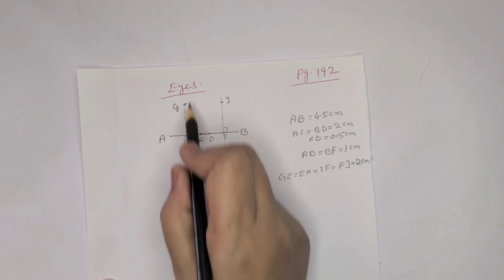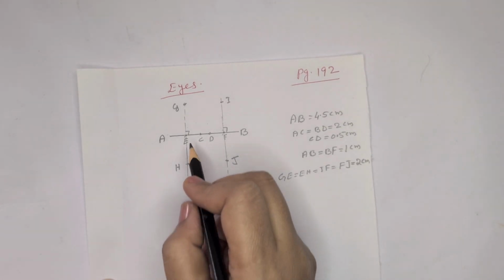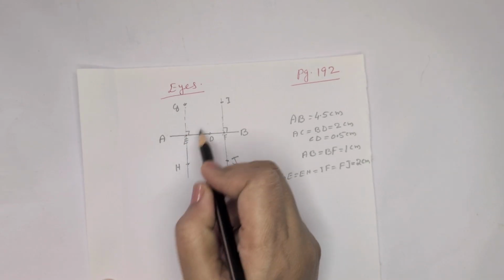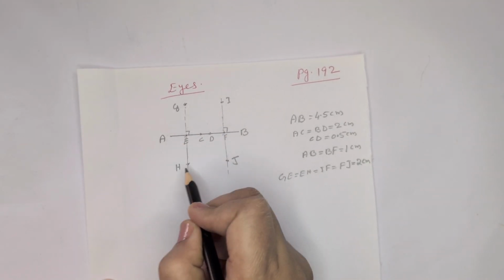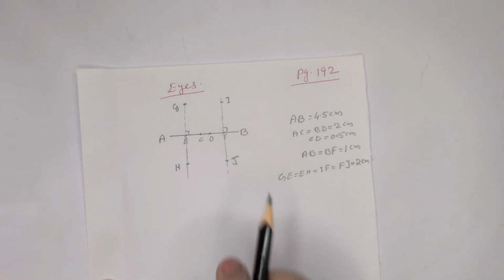Draw a perpendicular line through these 2 points E and F, and EG is equal to EH, all that is 2 centimeter. Mark a point on that line up and down with 2 centimeter distance.